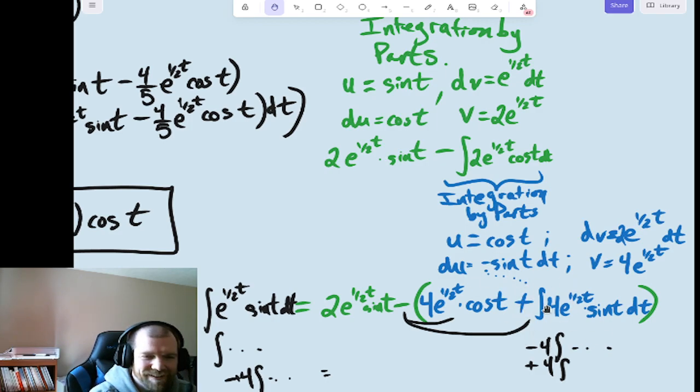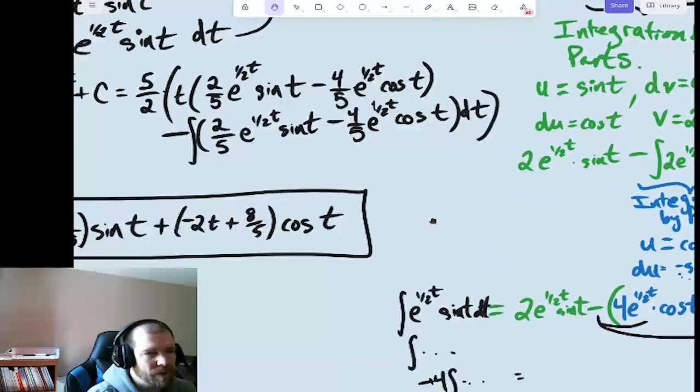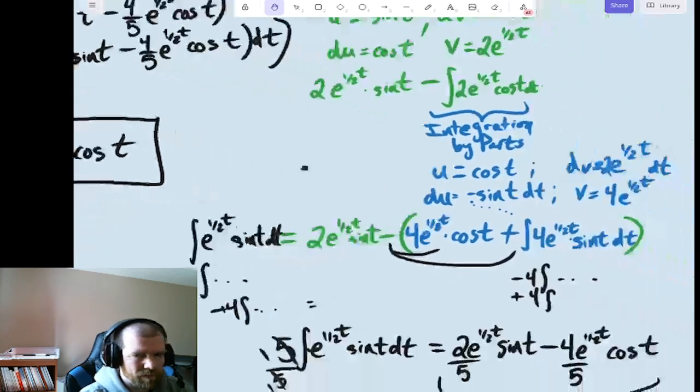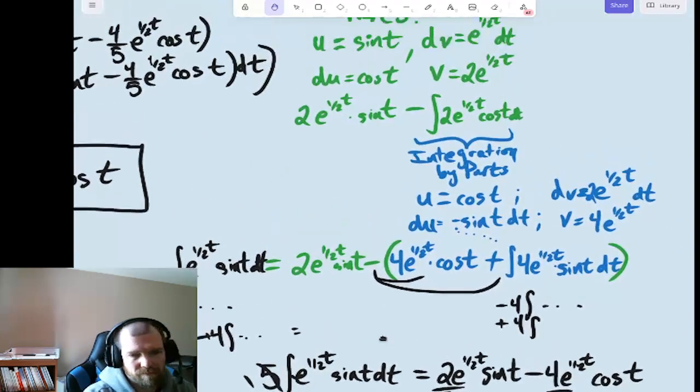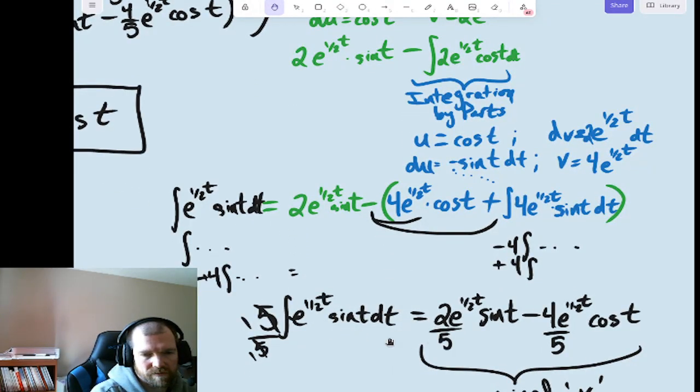Plus, man, the integral of 4 e to the 1/2 t sine of t dt. Which, by the way, we have part of that here, so we might be able to partially cancel it out, or we can work our way back through this and say, oh, I know how to find that one because it's this one, and we just do the thing. Right, the sine integral is here, so we can figure it out from there.